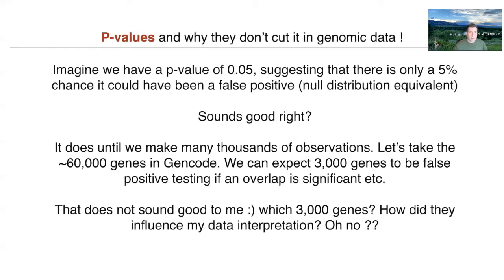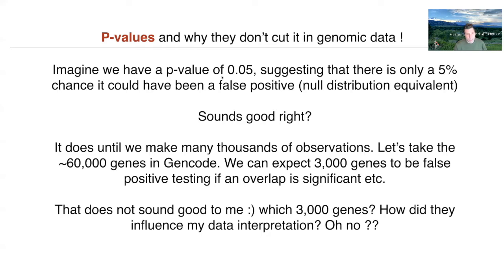We all have heard of p-values, and usually we assume if it's 0.05 or less, it's significant. There is no real cutoff here with p-values, but that's kind of the standard that we use. And that sounds good until you start making a lot of observations.